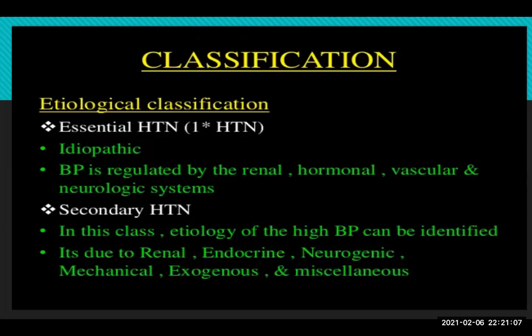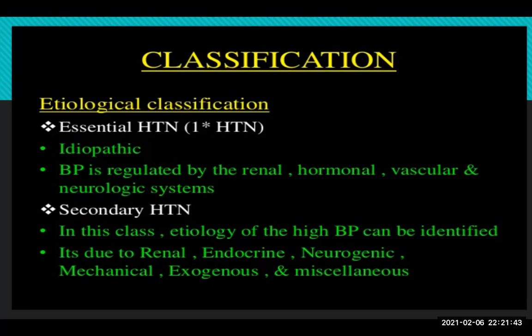Classification of hypertension: there is the etiological classification, which is either essential hypertension, which is mostly idiopathic, or secondary hypertension. Essential hypertension is almost idiopathic with no known cause. The blood pressure is regulated by the renal, hormonal, vascular, and neurologic systems.